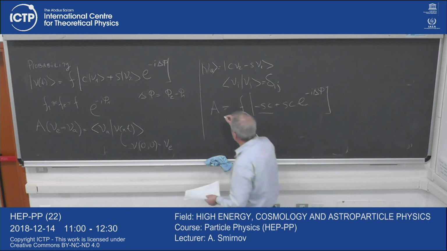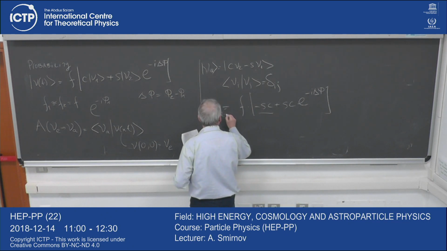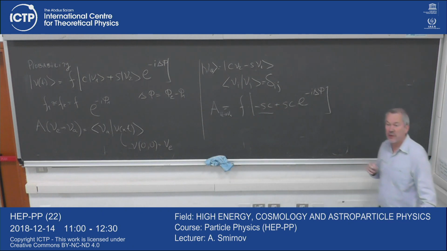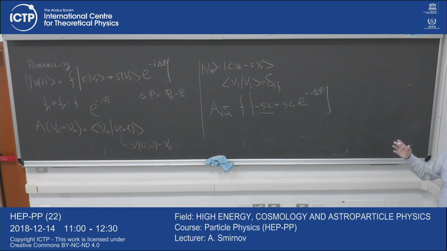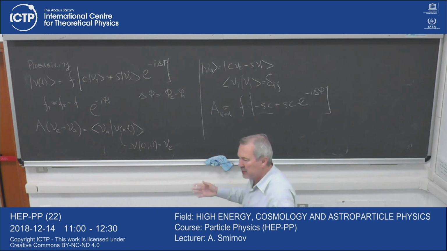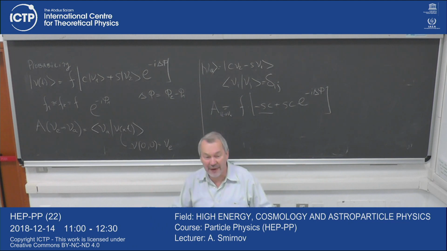So again, this is the transition of nu e going to nu a. This is what we are computing. Interaction is in terms of flavor states, because flavor states are eigenstates of interaction, if you want.